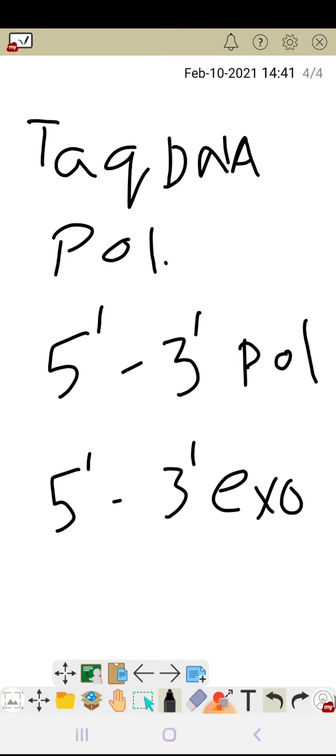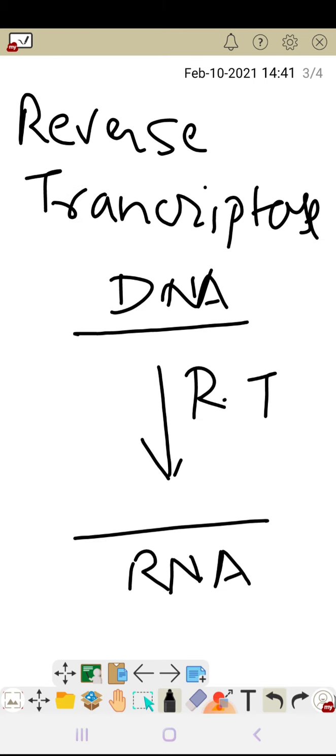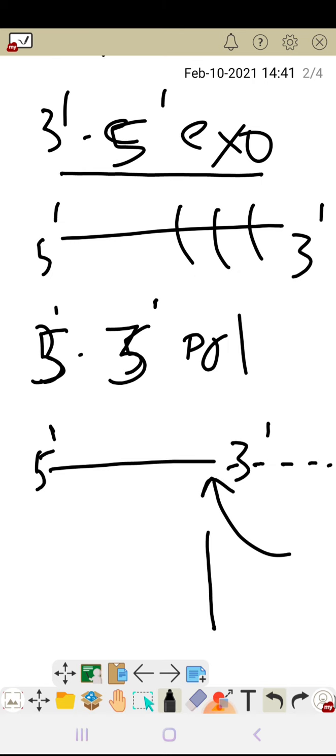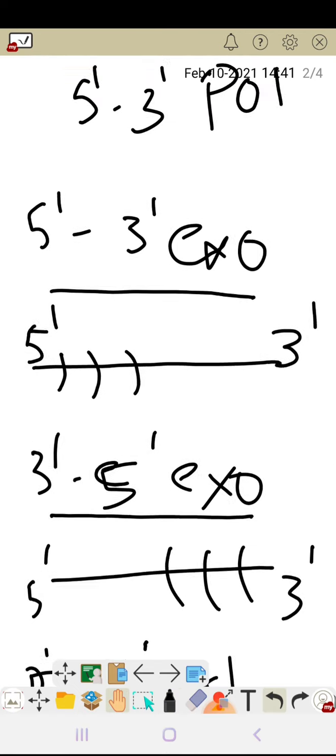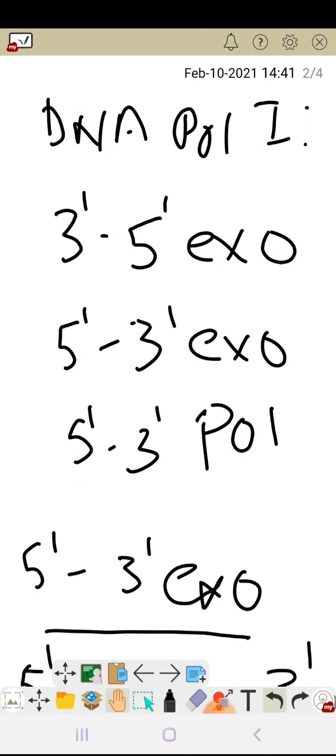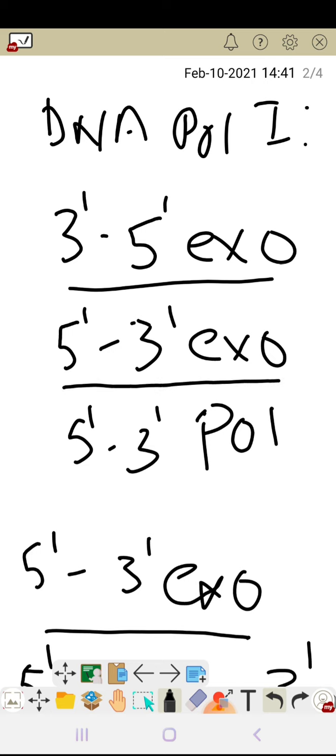So today we have learned three enzymes. Let me recall everything once. First is DNA polymerase I, which has 3' to 5' exonuclease activity, 5' to 3' exonuclease activity, and 5' to 3' polymerase activity.